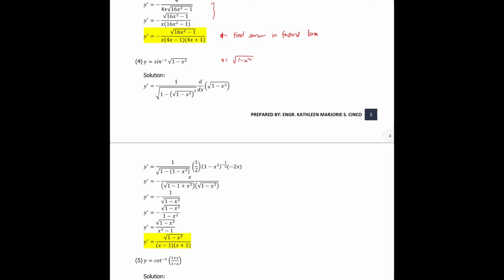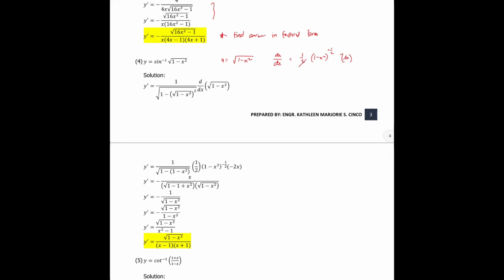So, for evaluating du over dx, pwede na to siya i-evaluate via power rule, in which ang term na 1 minus x squared is in the exponent of 1/2. So, 1/2, 1 minus x squared, negative 1/2 because 1/2 minus 1. Then, ang derivative na 2x.